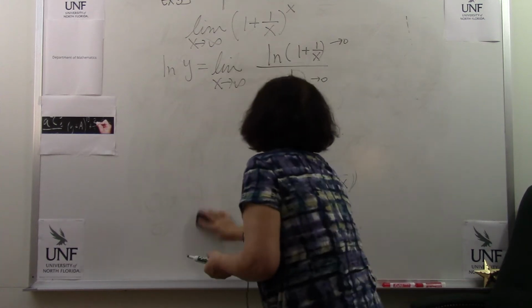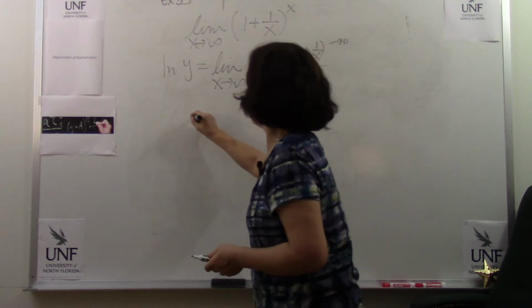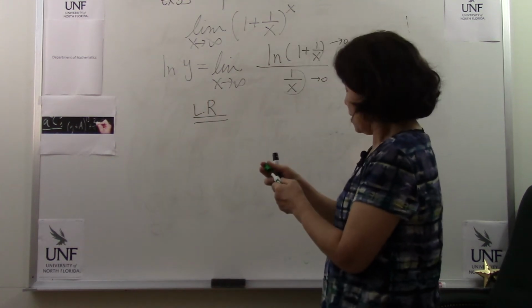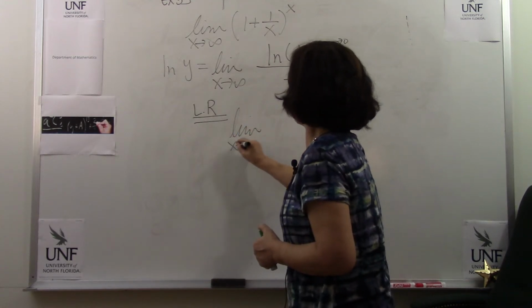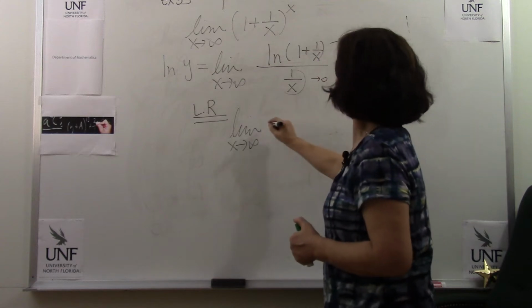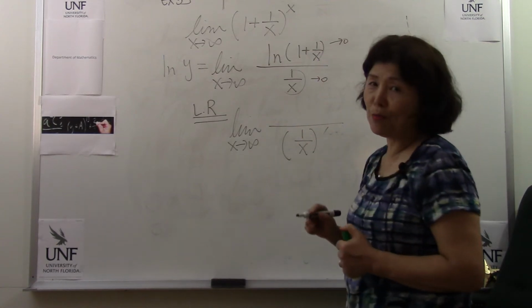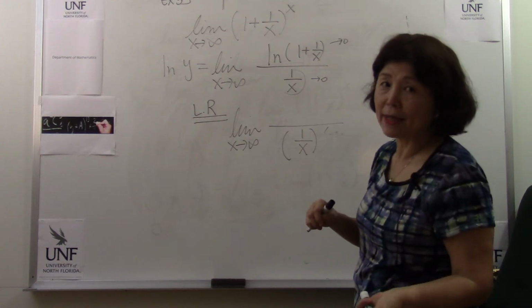So what do you want to do? Yes, we apply L'Hopital's rule, which is this time the limit as x goes to infinity. We are going to differentiate, yeah. When things get more complicated, we want to make sure that what we are doing is right, okay?